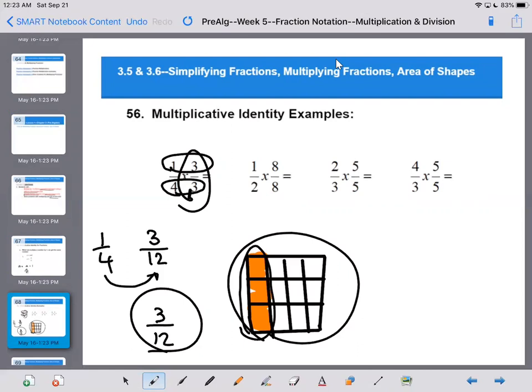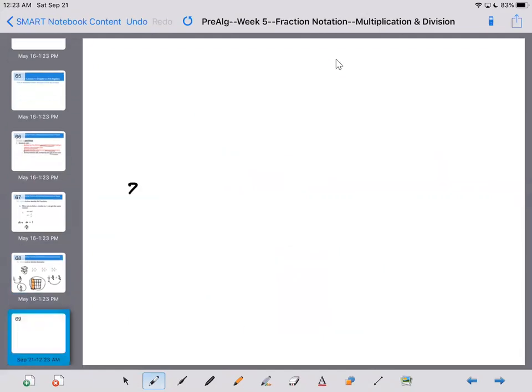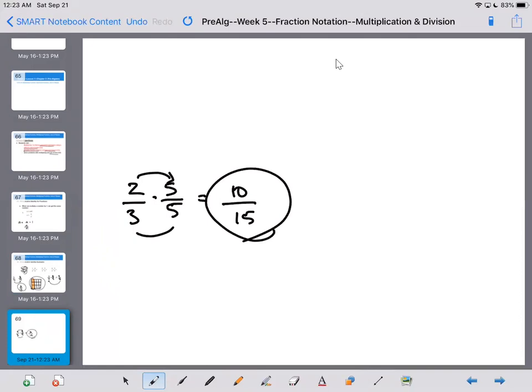So if we have 1/2 multiplied by 8 divided by 8, we're going to get 8/16. 8/16 is equivalent to 1/2. It's just in 16ths, so they're smaller pieces than 1/2. If I have 2/3 and I multiply it by n divided by n, which is 5 divided by 5, I'm creating an equivalent fraction of 2 times 5, which is 10, 3 times 5, which is 15. 10/15 is the same as 2/3.